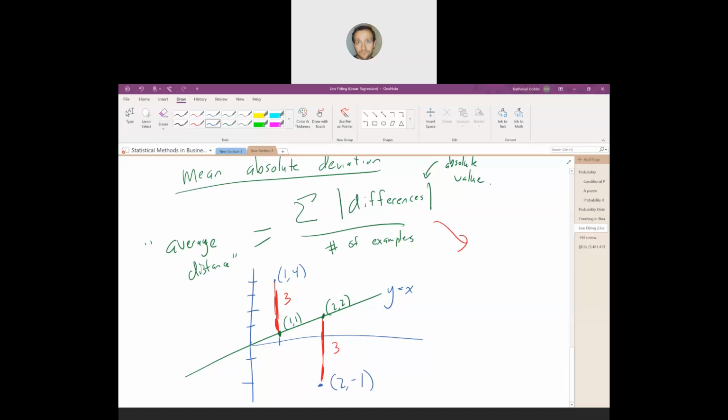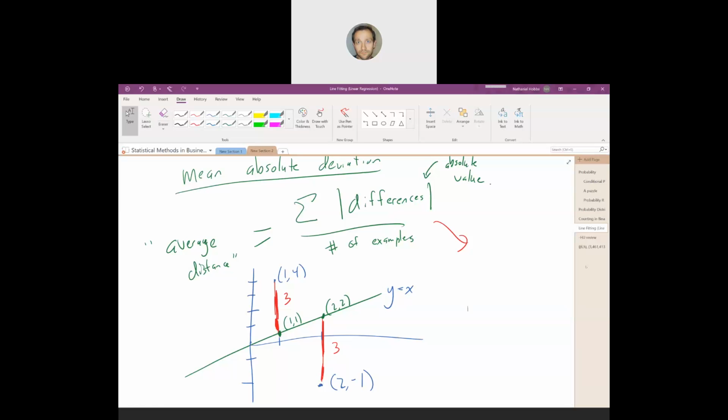All right. So for this y equals x line, this point should be at 1, 1. Instead, it's at 1, 4. So if you moved it 3 units up, you would be correct. For this point at 2, 2, the actual point is at 2, minus 1, so you move it 3 units down, and you're at the right point.